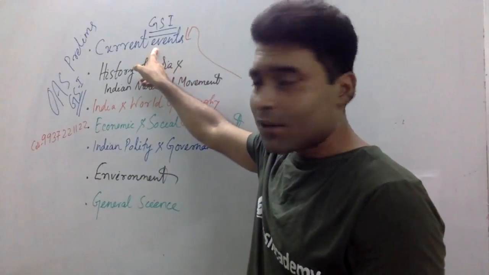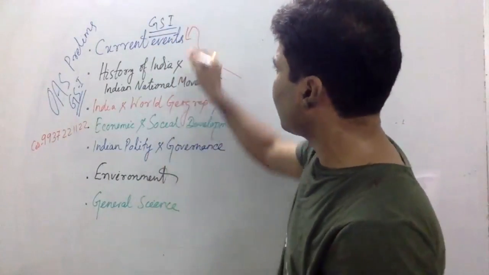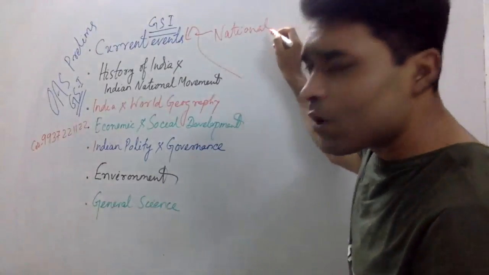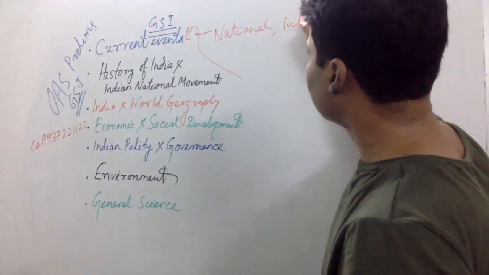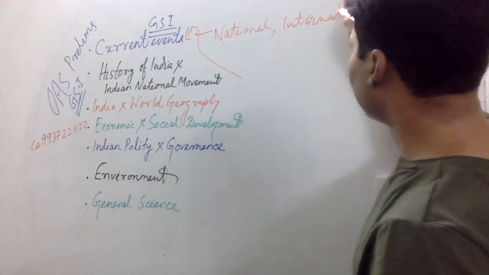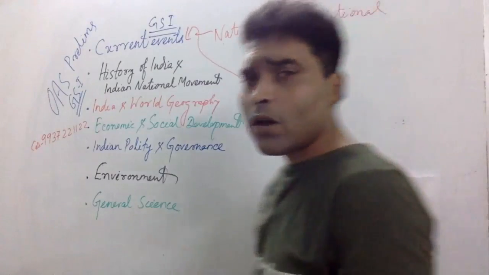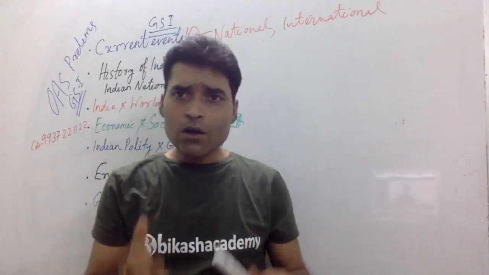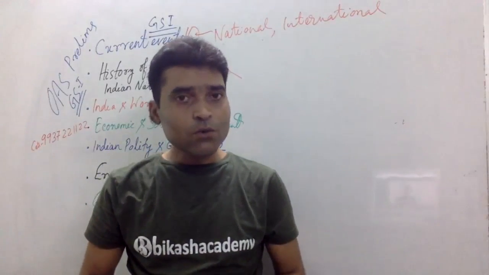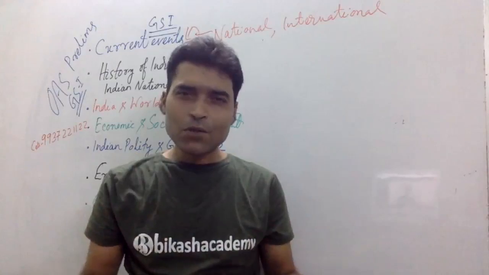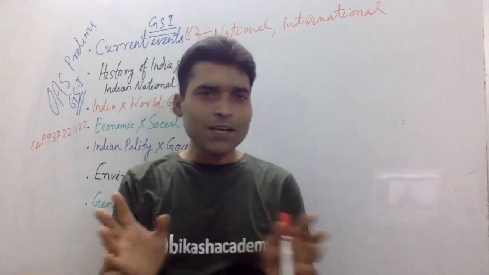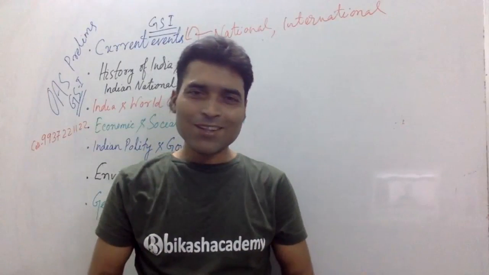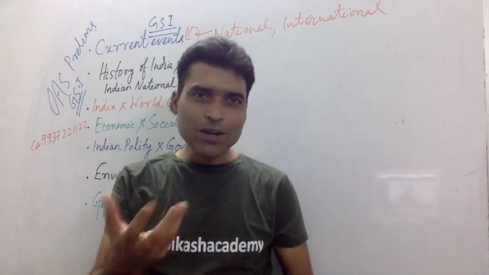Current events: they will be asking about things of national and international importance, and maybe local things also. For current affairs, you have to follow any standard magazine, or Times of India, The Hindu, or Indian Express, any standard newspaper. Many people follow The Hindu, which was founded in 1878, so you can read The Hindu.